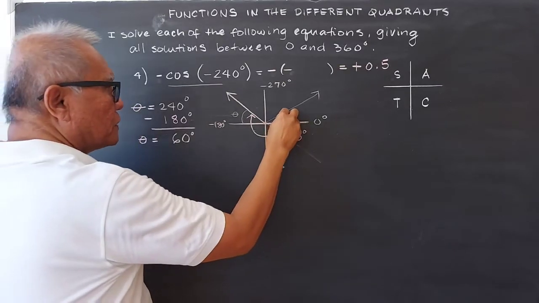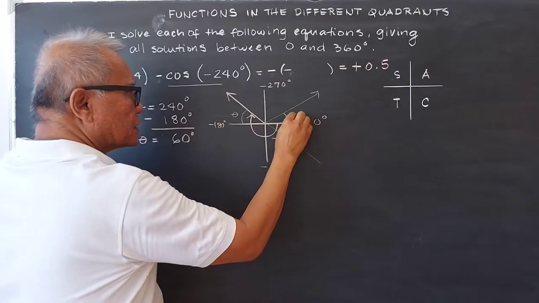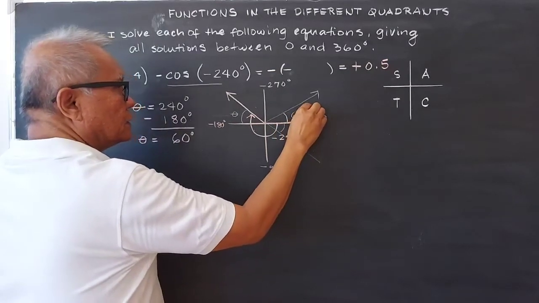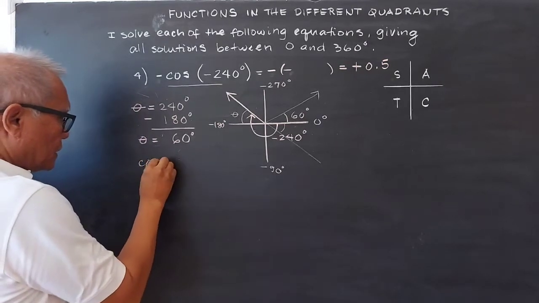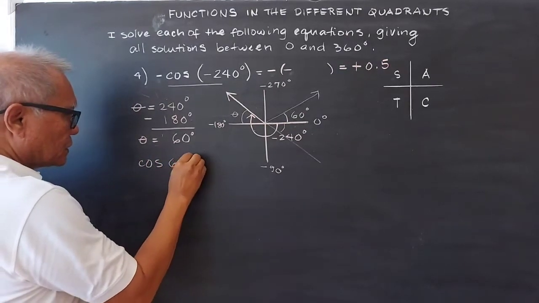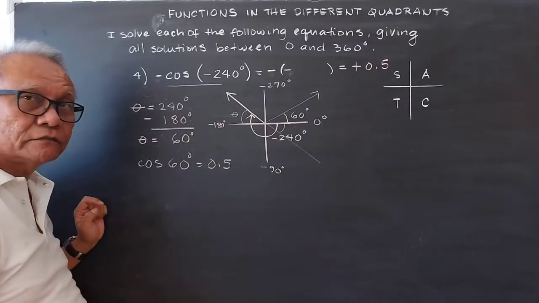Now for this one is 60 degrees. So you can have first one as cosine of 60 degrees, which is also equal to positive 0.5.